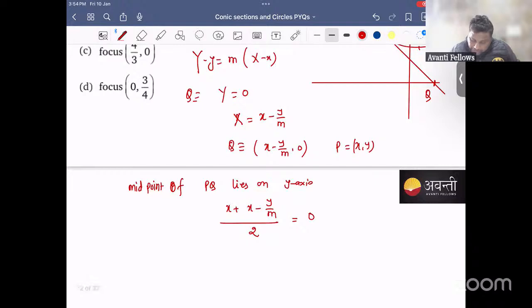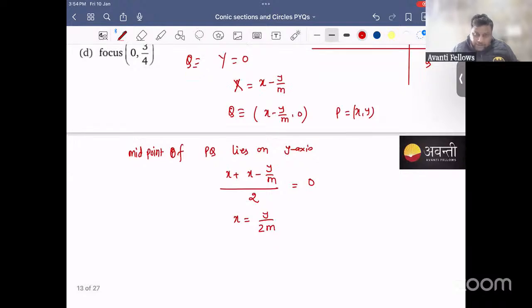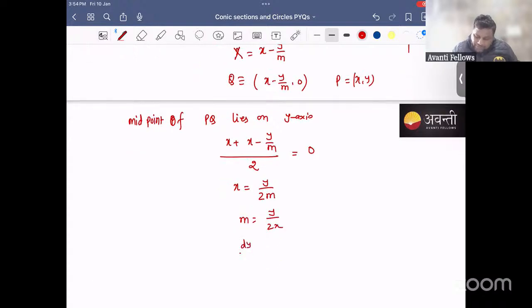So from there I can say x is equal to y upon 2m. Or I can say that m is equal to y upon 2x. m is what? dy by dx is y upon 2x. It can be written as 2 times dy upon y is equal to dx upon x.